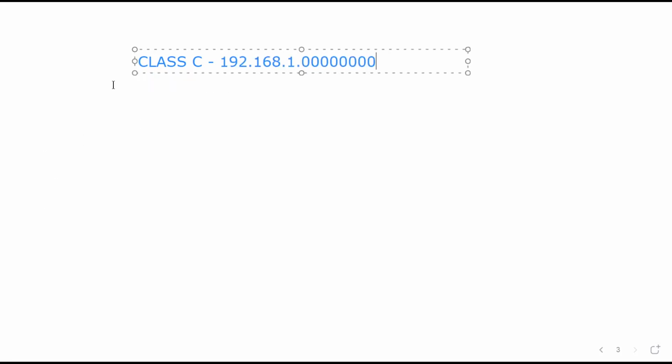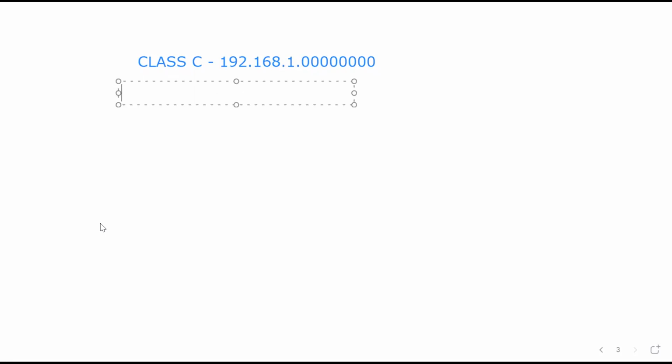Okay. So there are 5 steps to assign private IP. Let me start with our first step. Step 1: find the host bit. How can we find our host bit?